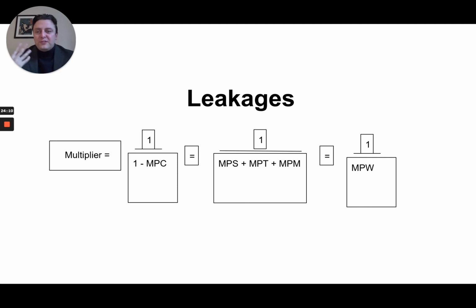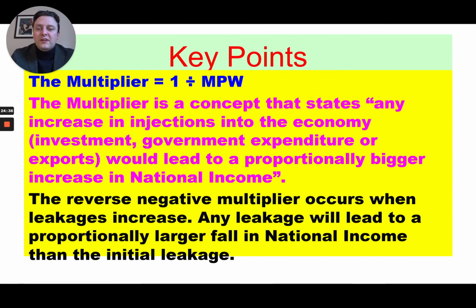Obviously, you've only got 2 choices: you can consume or you can save. That's why it's 1 minus the marginal propensity to consume. And the withdrawals in the economy are savings, taxes, and imports. So that's why the middle formula exists. And finally, it's the easiest one, 1 divided by the marginal propensity to withdraw.